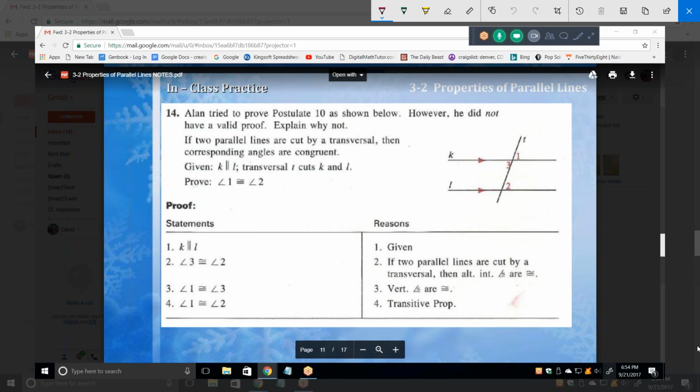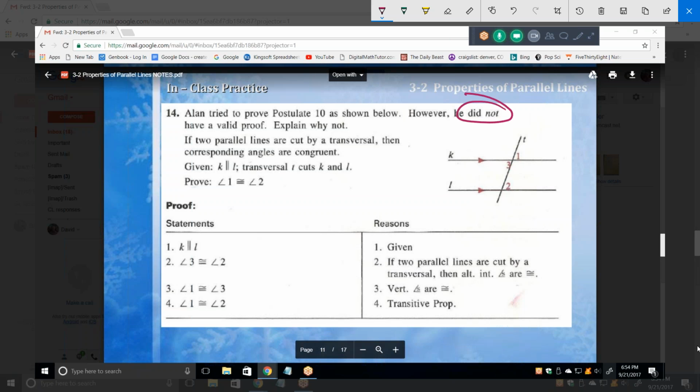We don't know that yet, because we haven't gotten to theorem 3.2, which is the one that says alternate interior angles are congruent. So we can't do it that way. So he's telling us this is wrong. He did not have a valid proof. In other words, the proof that they're giving us here is not valid.